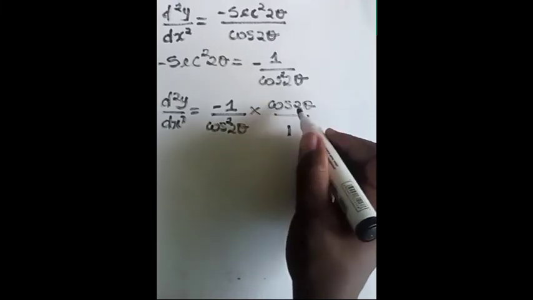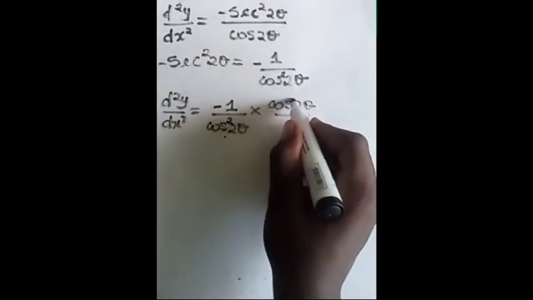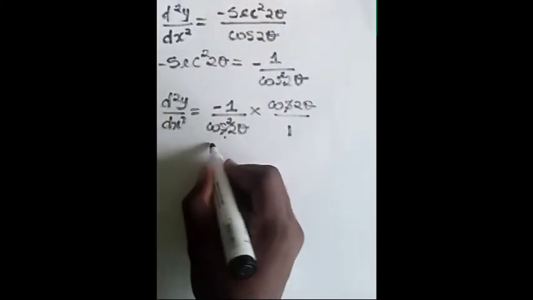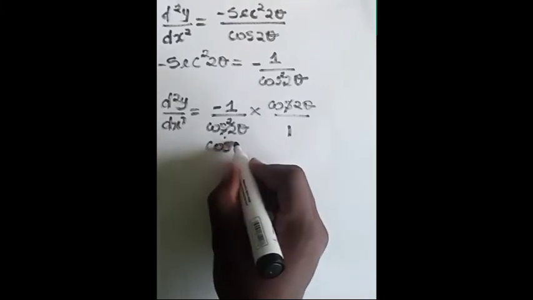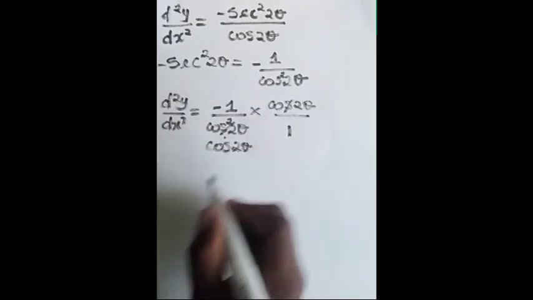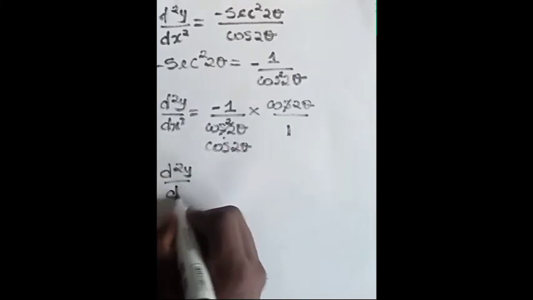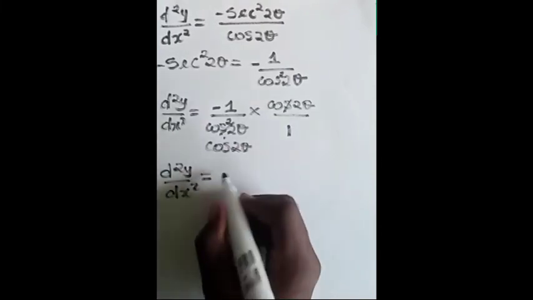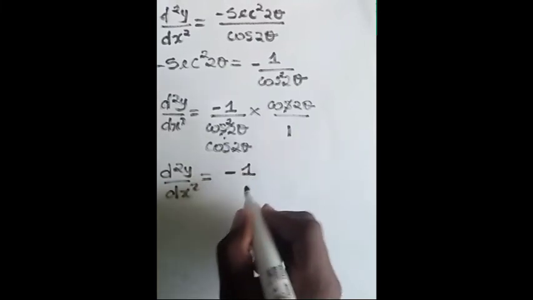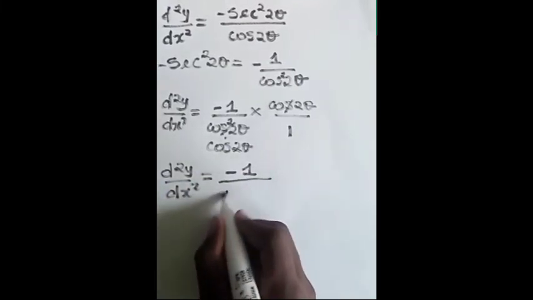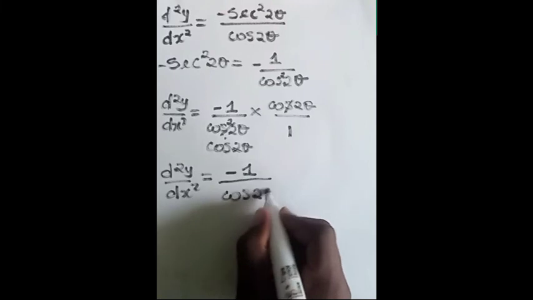Since this guy is squared, I'm going to be left with a cos 2 theta. Hence d²y/dx² is equal to negative 1, all that over cos 2 theta.